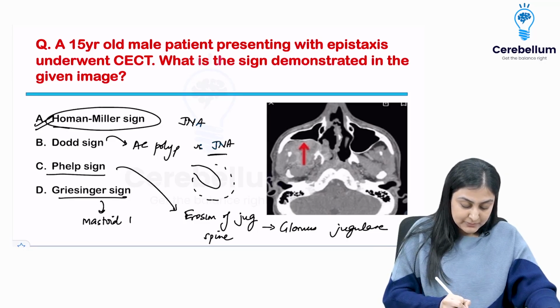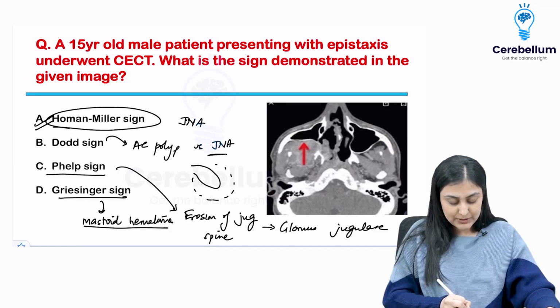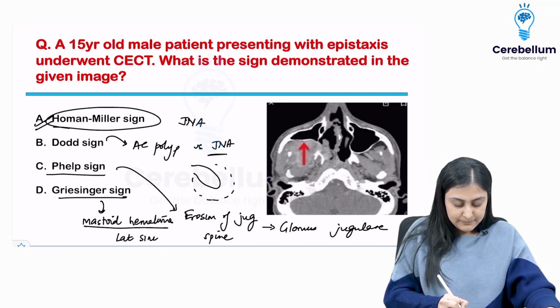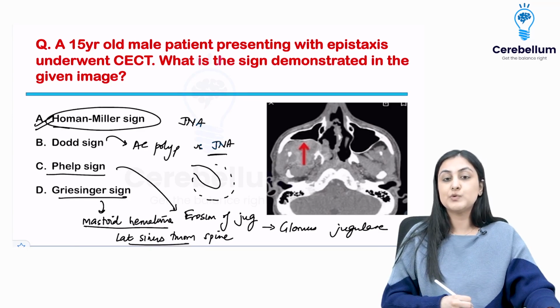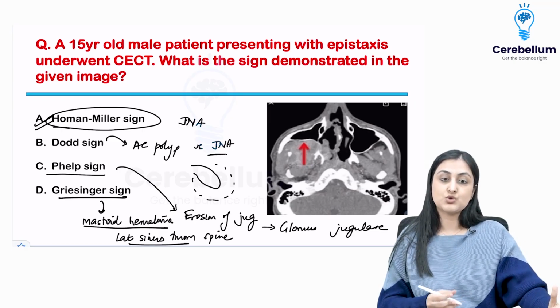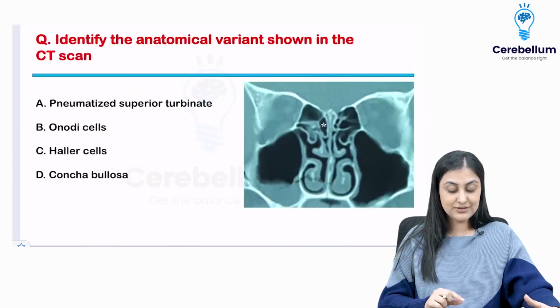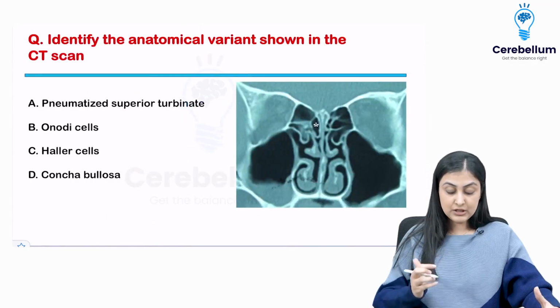So there is hematoma at the mastoid, and this is a sign that is seen when you have a complication of CSOM in the form of lateral sinus thrombosis. So because of lateral sinus thrombosis, you have this bruising behind the ear at the mastoid, which is the Griesinger sign. Okay, so these are the other signs of ENT we need to be aware of.